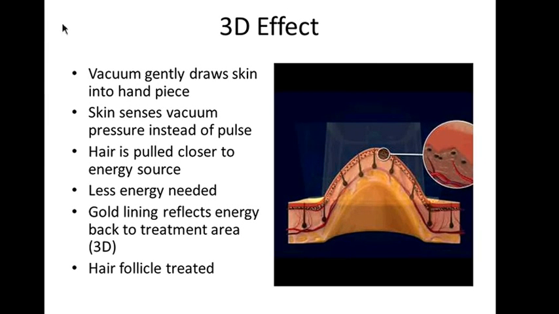So let's talk about what's different using the Lumenis Duet. As you can see in the picture to the right, the vacuum will gently draw that area of skin up to the handpiece. This allows a light pressure sensation, and the skin, or in this case the client, will sense the pressure of the vacuum and not the pulse of the laser.